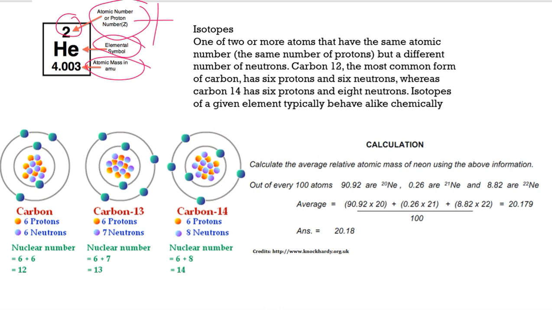In the atoms we have what we call isotopes. It means that, for example, carbon has carbon 12, carbon 13, and carbon 14. What does it mean? That all of them contain 6 protons, but this has 6 neutrons, this 7 neutrons, and 8 neutrons in the nucleus.